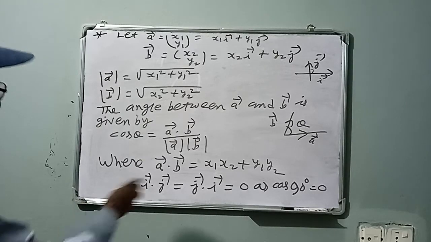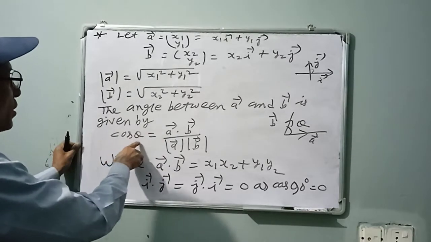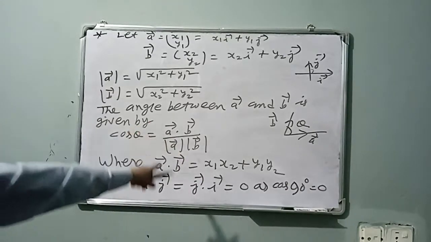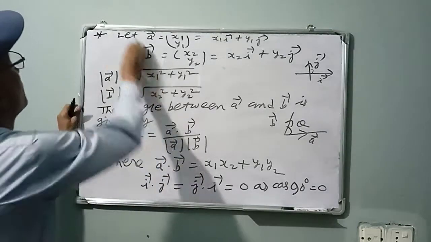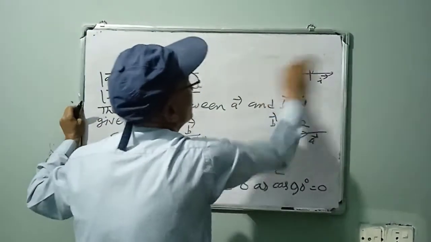The angle between them is given by cos theta equal A dot B by modulus A modulus B, and unit vector.